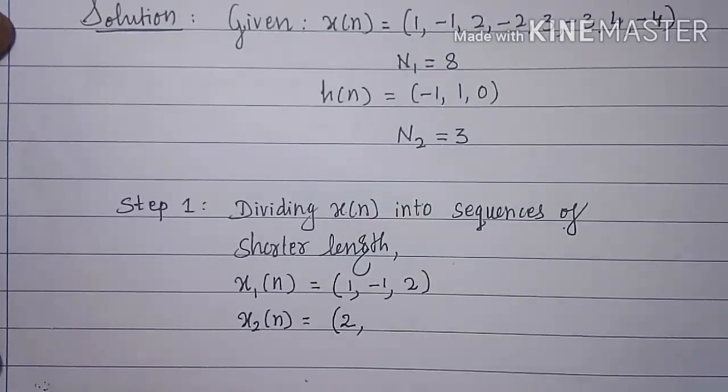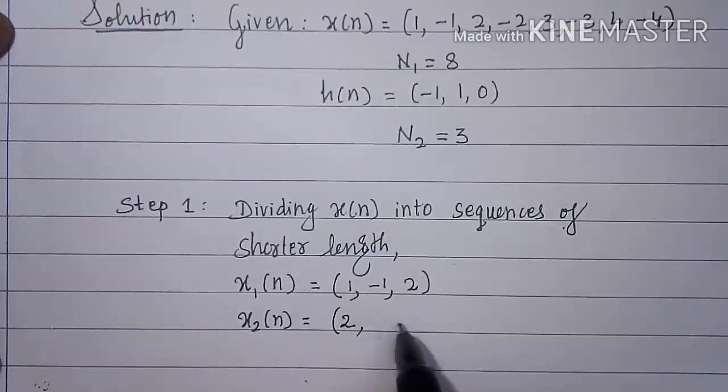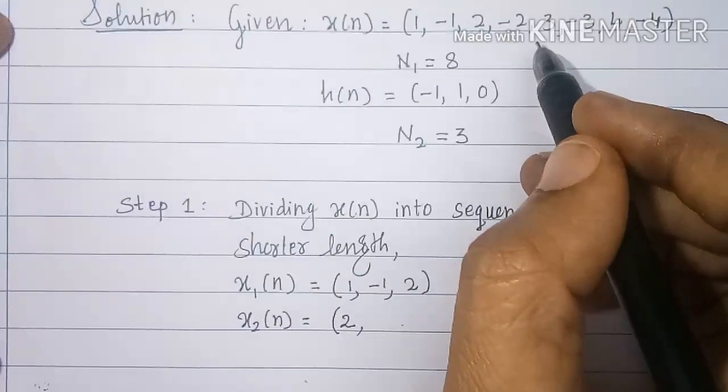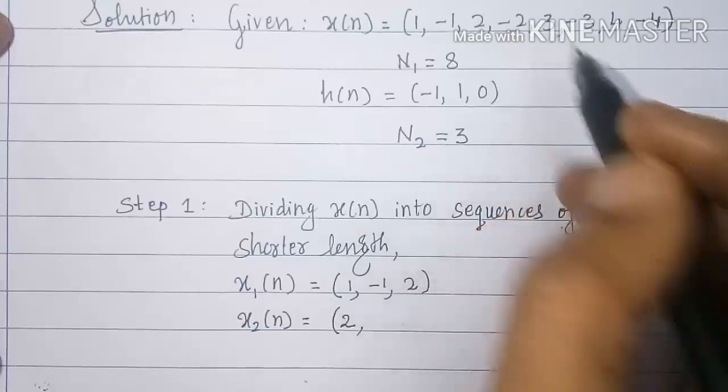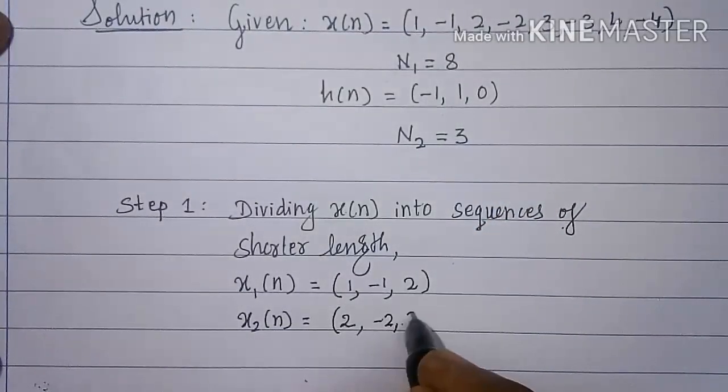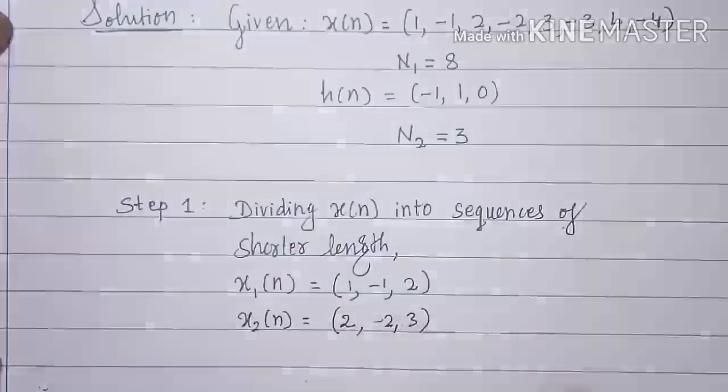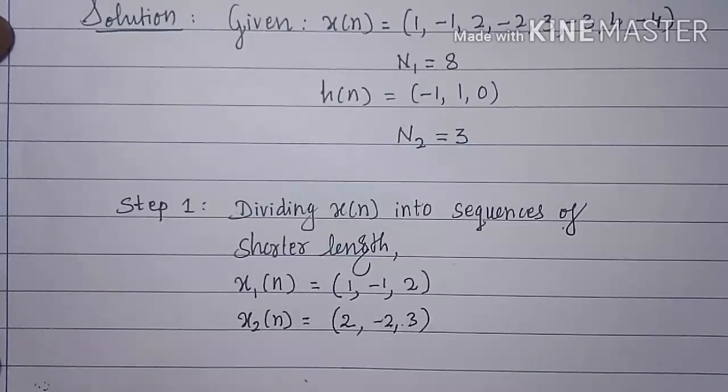So 2 will be written here, and the next two samples will be from x of n, that is minus 2 and 3. Now you have to repeat this and write x3 of n, x4 of n, and so on.